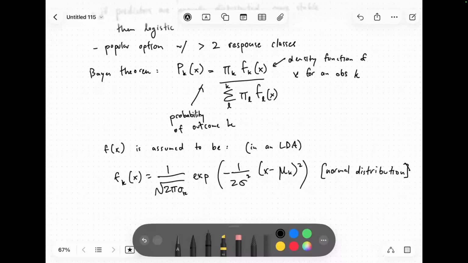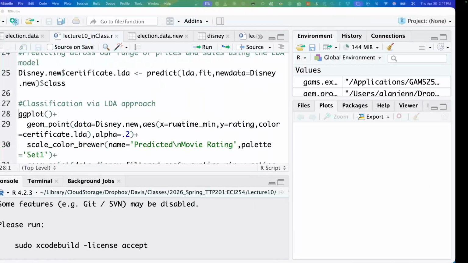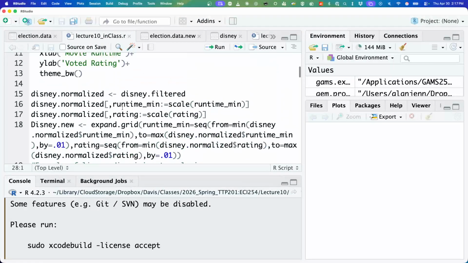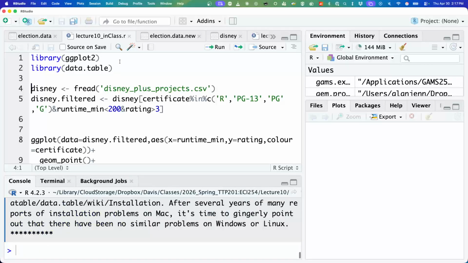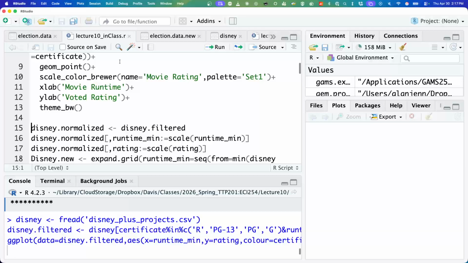A lot of the time, practically speaking, you're going to achieve similar results with a logistic regression. Just know that some of the properties may lead to better adherence to your results. For this part, I'm just repeating what we did last time.